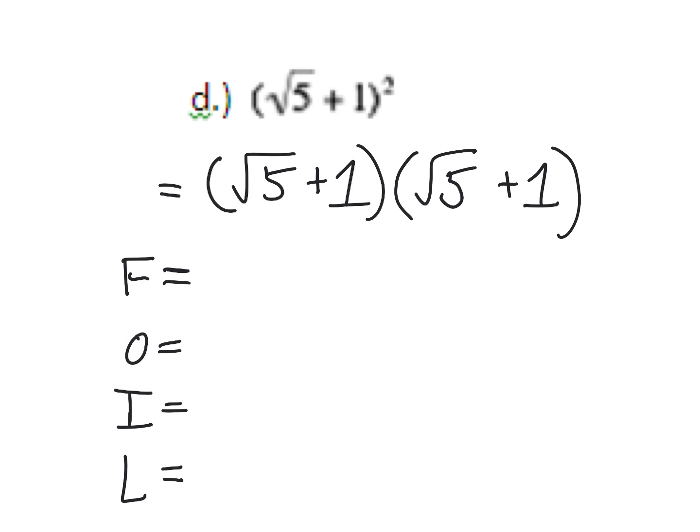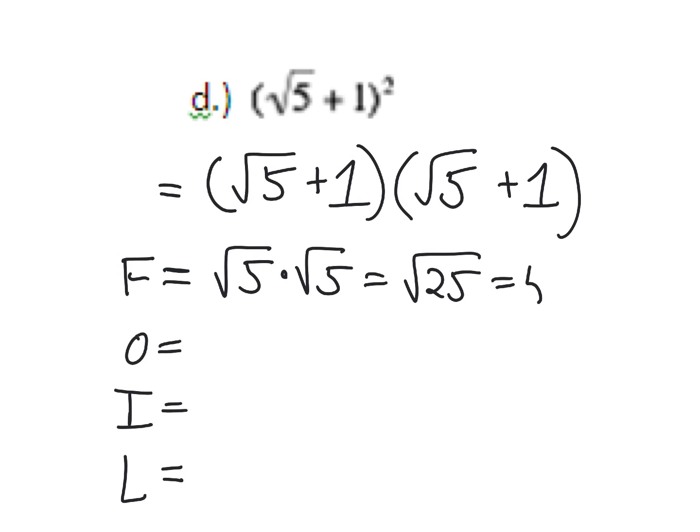Anybody want to help me? Who haven't I talked to yesterday? Hey, Sadie, how you doing? You want to tell me about my firsts real quick? Yeah. Square root of 5 times the square root of 5 is our first. Yeah, because it ends up being the square root of 25, and that's 5. Good job.